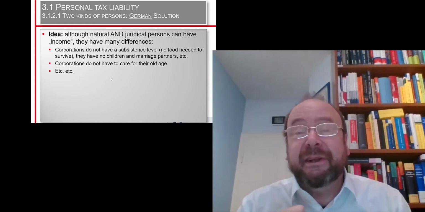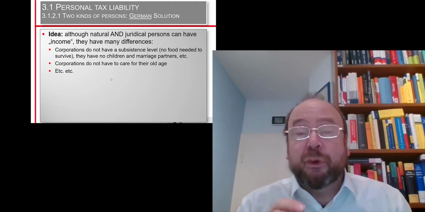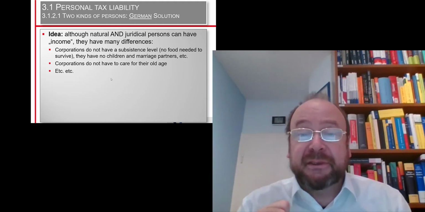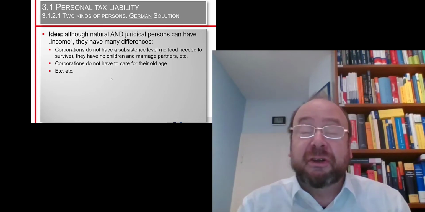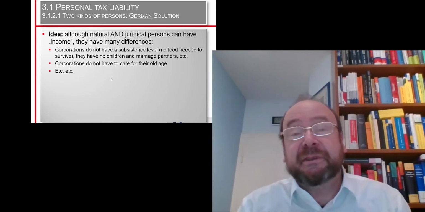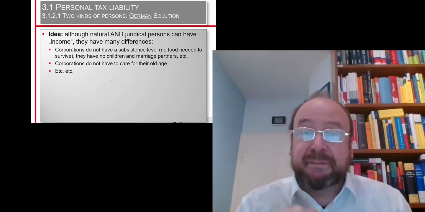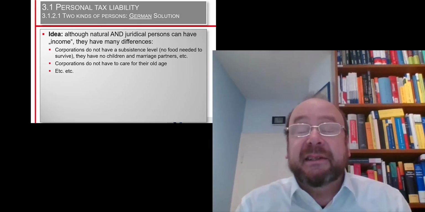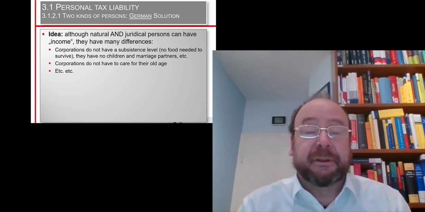You can only regard as a tax base that amount which the taxpayer does not need for survival. You will have to grant personal deductions for the money needed to feed and keep alive children, or you will have to take into account if the taxpayer is married, because then the taxpayer's ability to pay has to be judged differently.